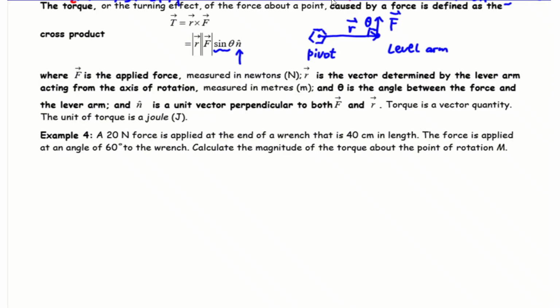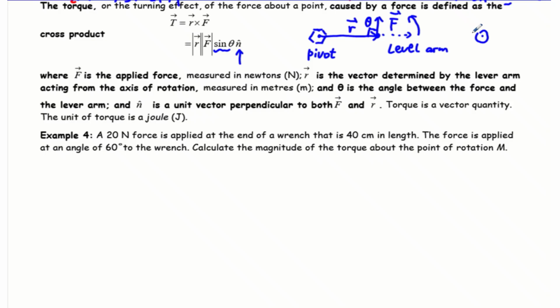Using the right hand rule, you go from R to F, wrapping your fingers from R to F, and your thumb points outside of the paper. So we use a dot to represent outside of the paper.